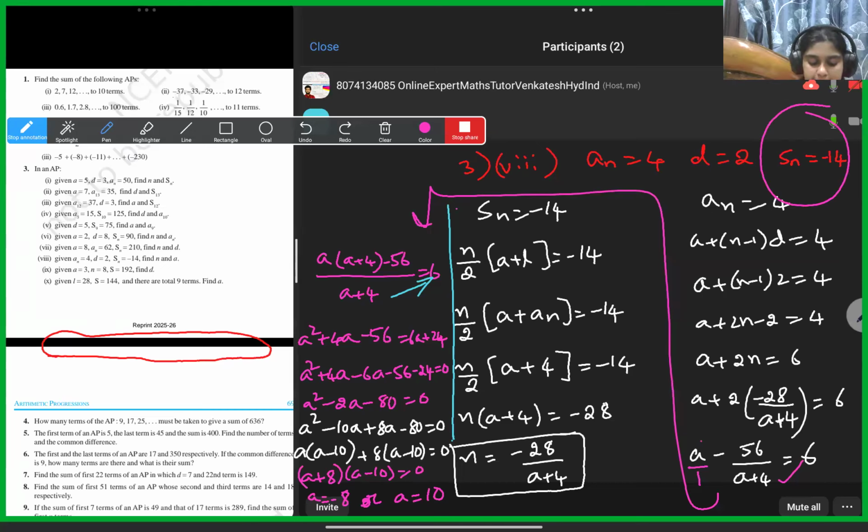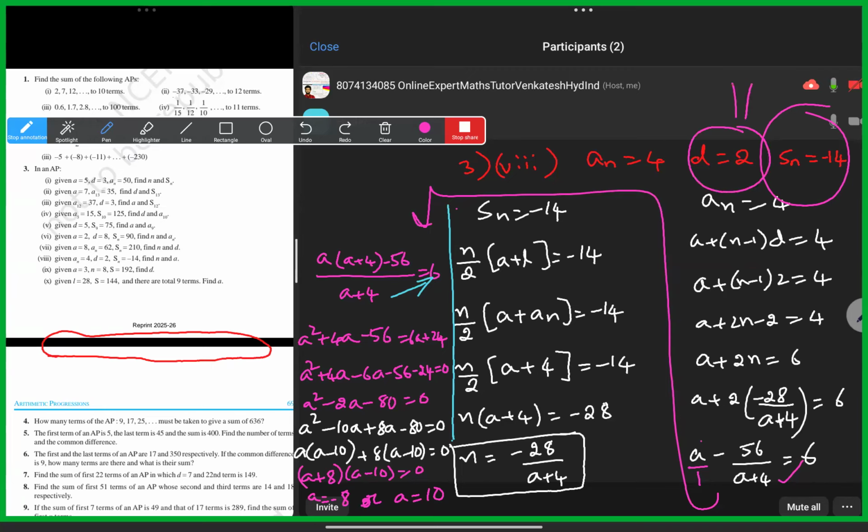Suppose we take a as plus 10 and d as 2, then the series will be like 10, 12, 14, 16, like that, no?